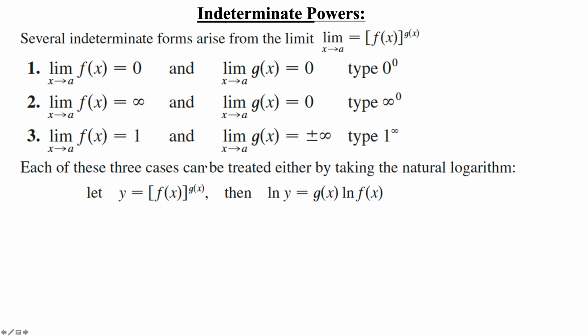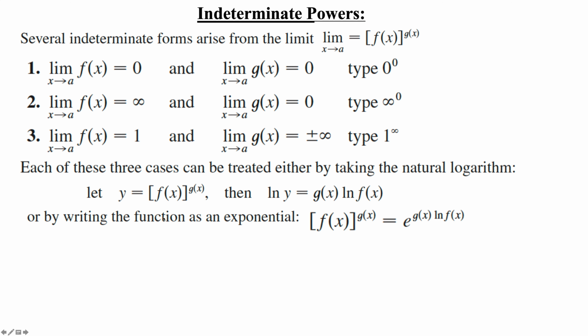So each of these 3 cases can be treated by taking the natural log of both sides. So if I had y equals f of x to the g of x, and I take the natural log of both sides, this is very beneficial because then taking the natural log of the right side allows me to take this exponent and move it to the front of the natural log, and we can work with it from here.